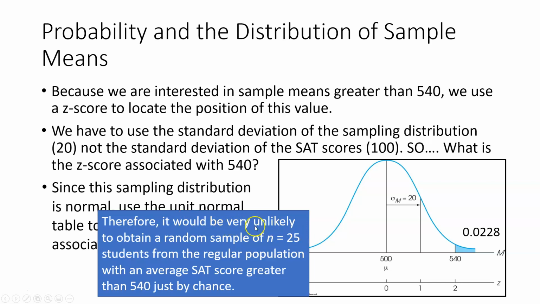Therefore, it would be very unlikely to obtain a random sample of 25 people from the regular population with an average of SAT scores greater than 540 just by chance. If we gathered a sample of 25 people and we computed their SAT and it was higher than 540, it's possible that that was just by chance. 2% of the time that would happen.